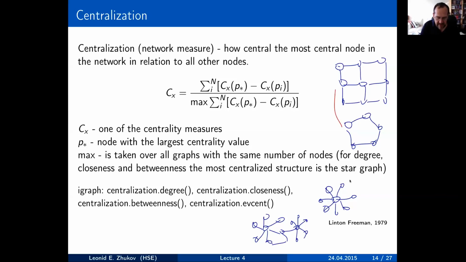In these two graphs, all the nodes pretty much play the same role, right? They're very similar in terms of number of neighbors, and similar in terms of roles and locations in the graph.